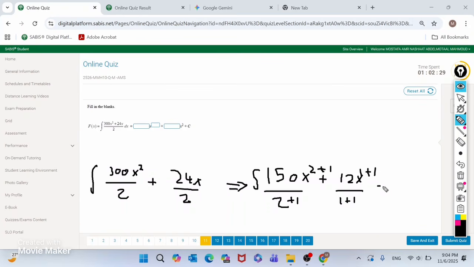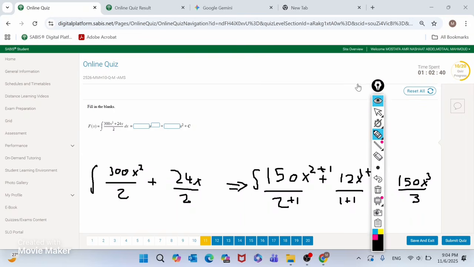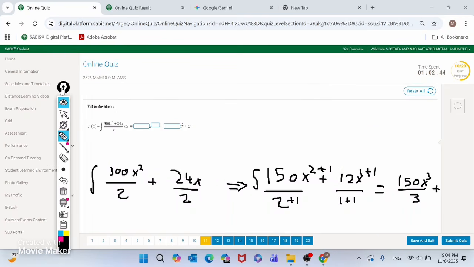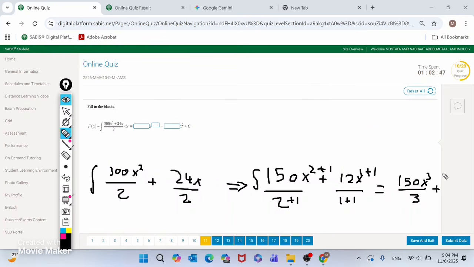So do this, you're going to get 150 x cubed over 3, plus 12x squared over 2.